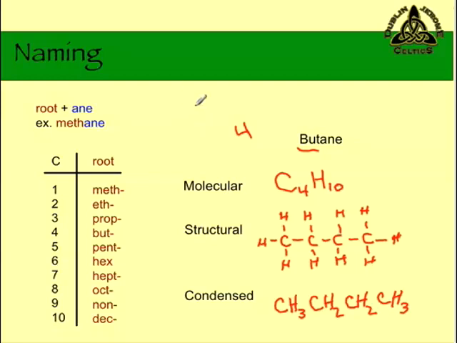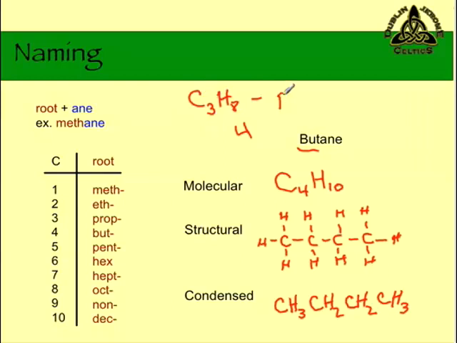Now, this does say naming, so we might as well practice one where we actually have to name it. This is actually a little bit simpler, so let's take a look at a molecule that is C3H8. What would be the name of this particular molecule? Well, all we have to do is look to see how many carbons there are, and we can look down here at our list, prop.